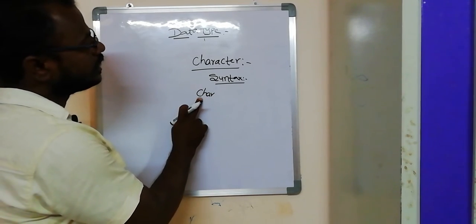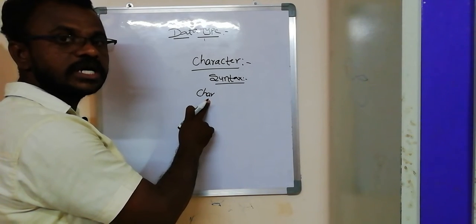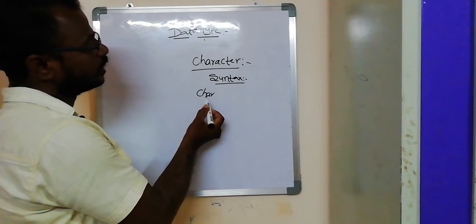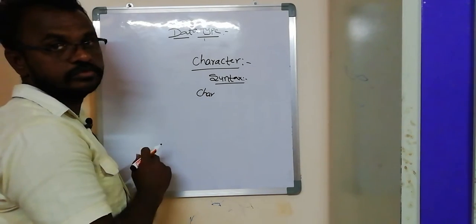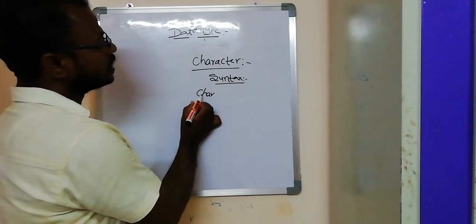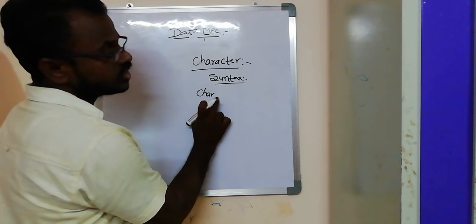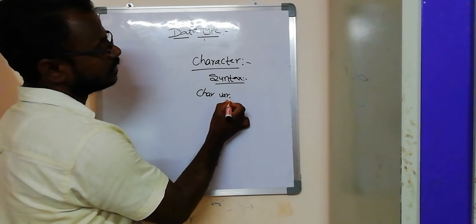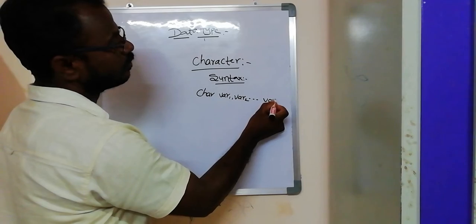See, any data type keyword like int, float, double, char must be written in all lowercase letters. We cannot write any capital letter. So that's the reason I use char. Then we mention a space. After the space, we write the variable declaration: variable 1, variable 2, and so on, variable n.